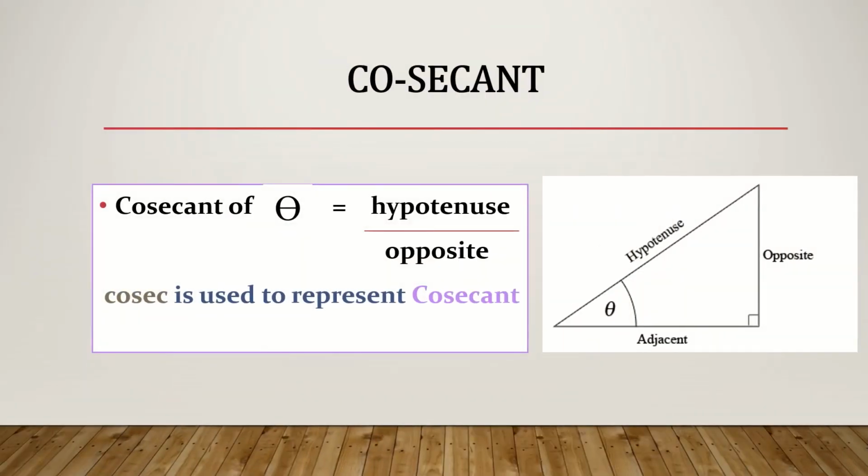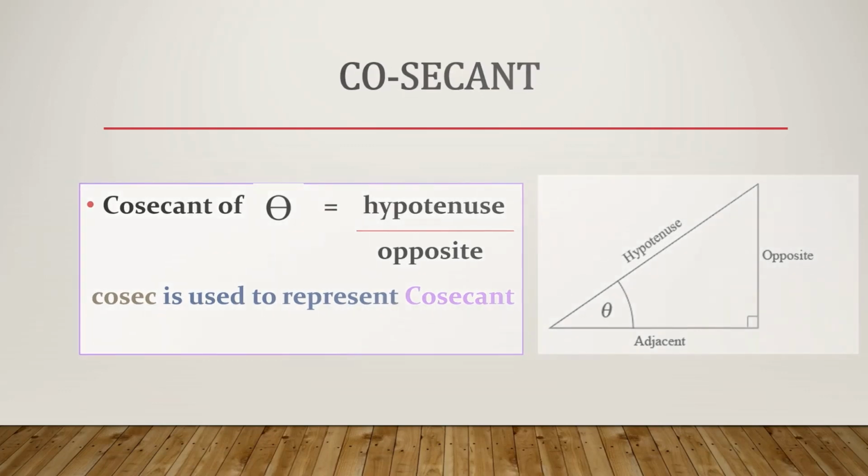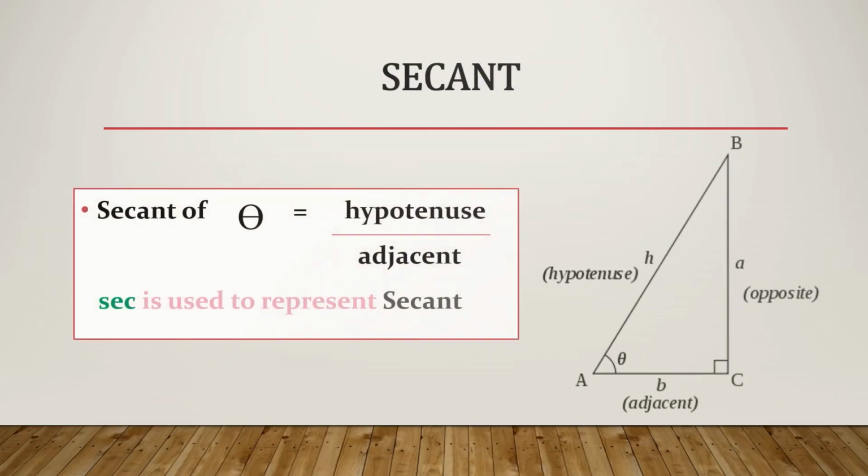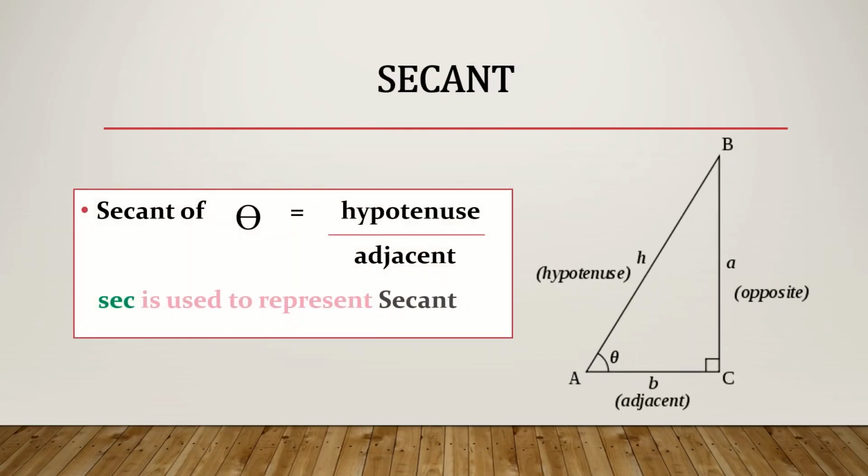The fourth trigonometric ratio is cosecant. Cosecant of angle theta is defined as the hypotenuse divided by its opposite side. Cosec is used to represent the cosecant. The fifth trigonometric ratio is secant.